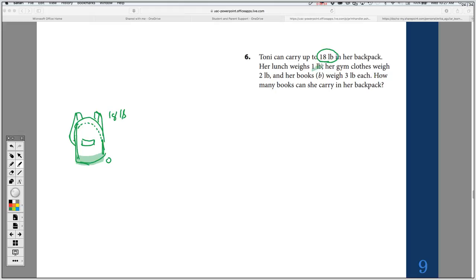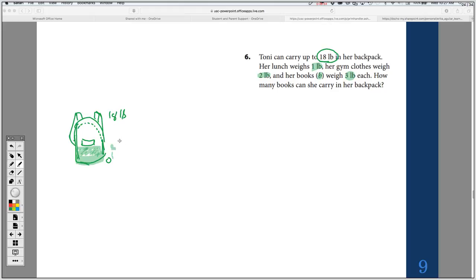So how much is left though at this point? We had 1 and 2. 15. So you would say 2 pounds plus 1 pound, right? Plus, and then we don't know the books, but we know what about the books? They're 3 pounds each. So what do you think I should put next to 3?